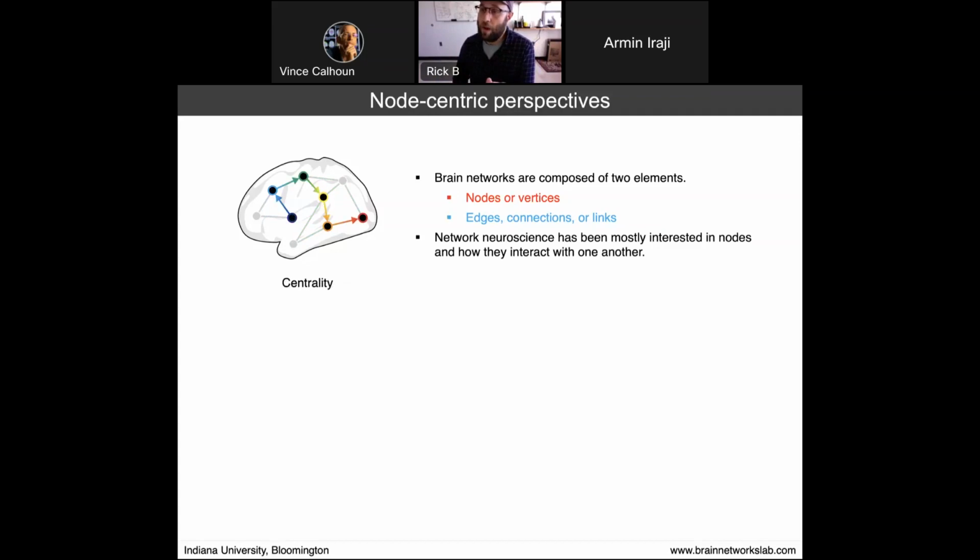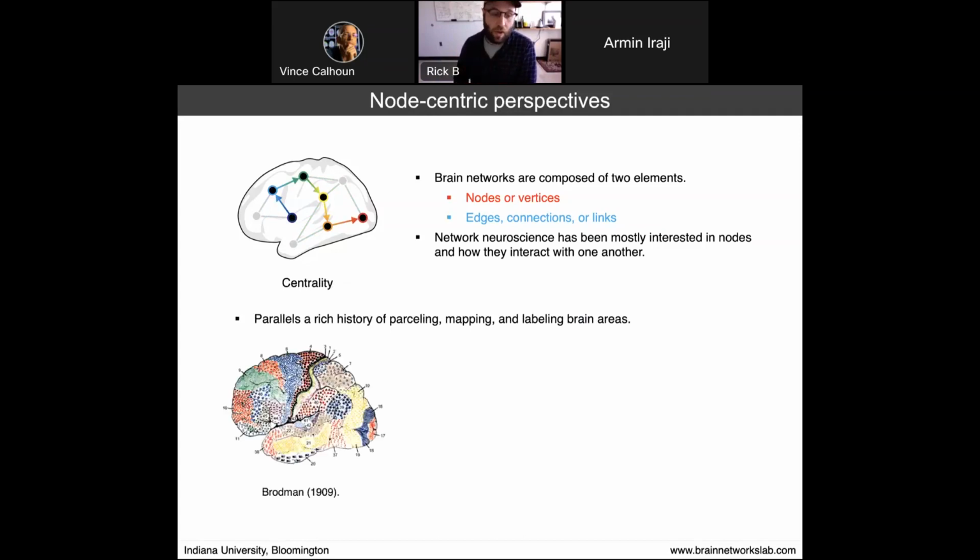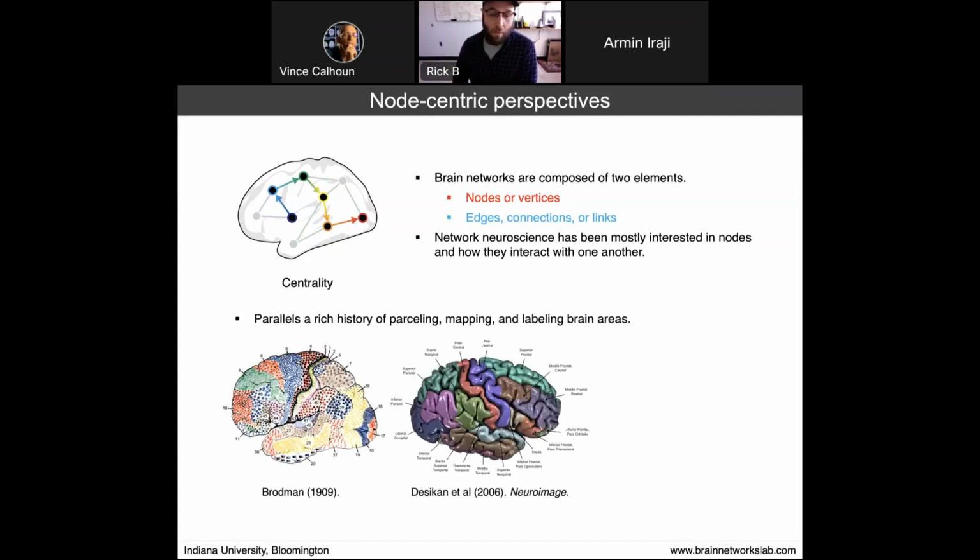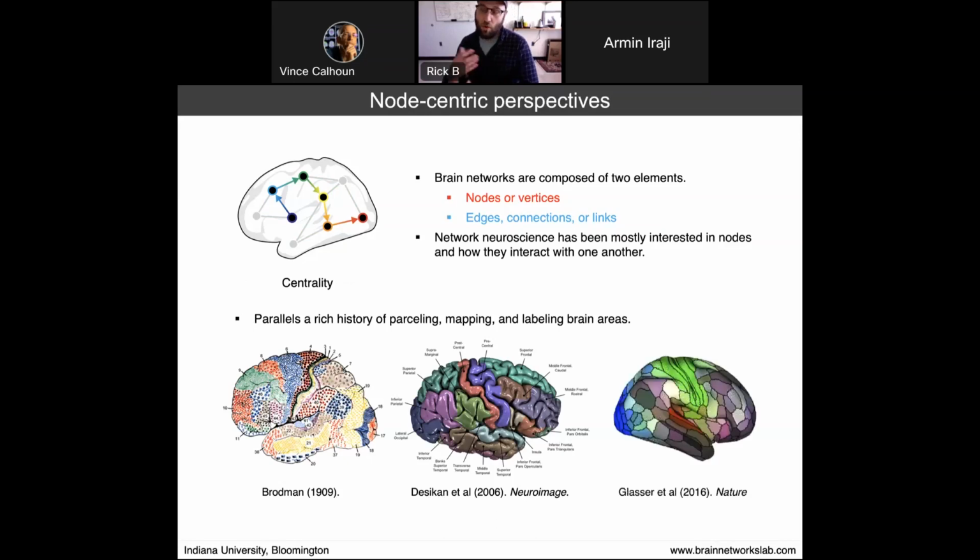This node-centric perspective is pervasive across the discipline and it really parallels a rich history of parceling, mapping, and labeling areas in neuroscience, going at least back to Brodmann, but also there's evidence of this in more recent efforts to, say, parcellate brains on the basis of anatomy or jointly anatomy and function. But again, always the focus has historically been, I would argue, on nodes and areas and populations.